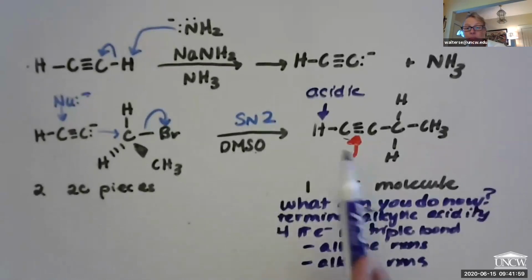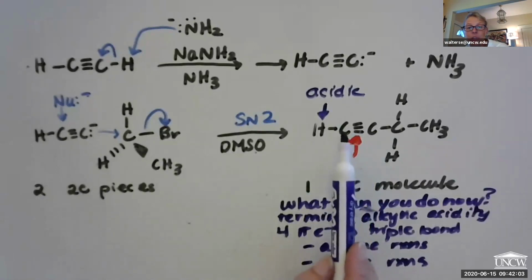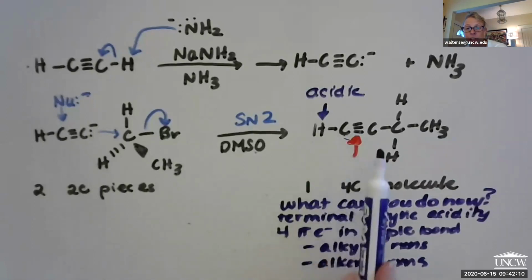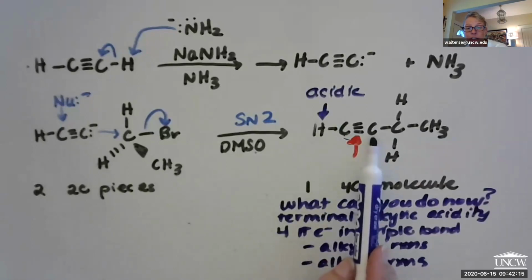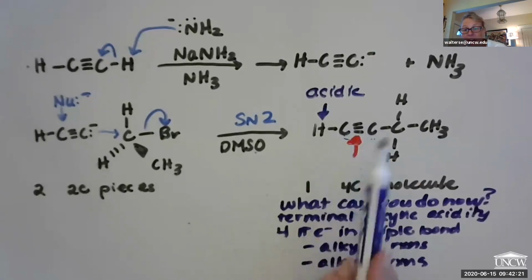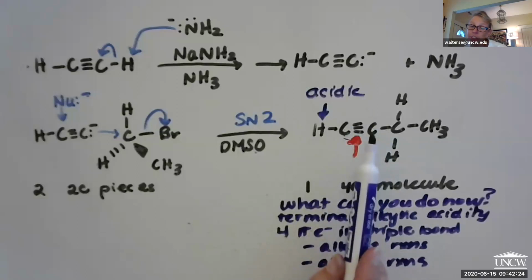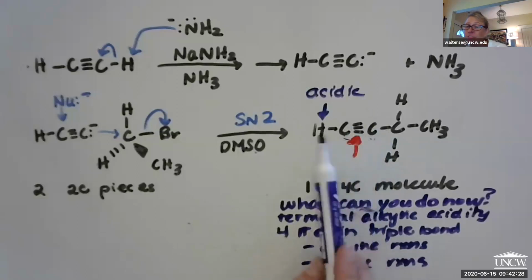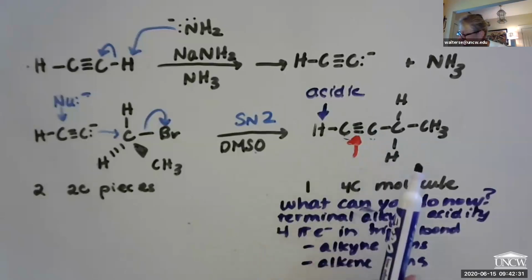Or if you wanted an aldehyde, you could stop here and do the hydroboration reaction and get an aldehyde carbonyl carbon here. You could make a ketone here by using the mercury sulfate in acid hydration reaction. You could put halides on here, you'd get primarily trans, but you would get some cis. You have so many options once you get to this point.